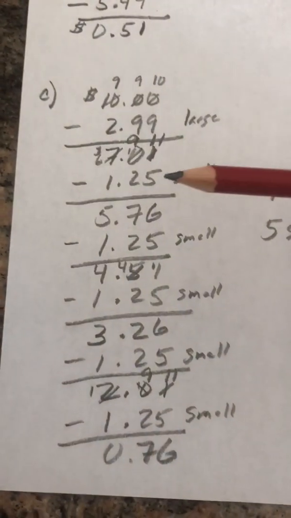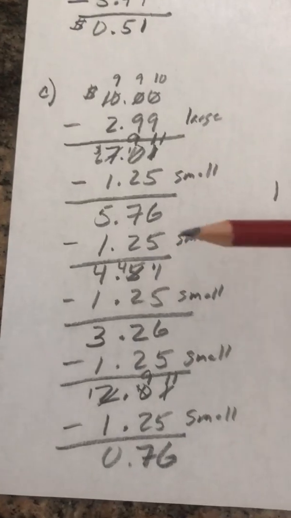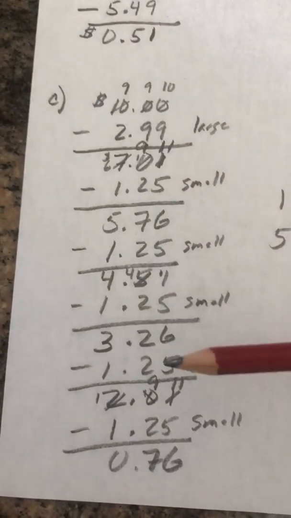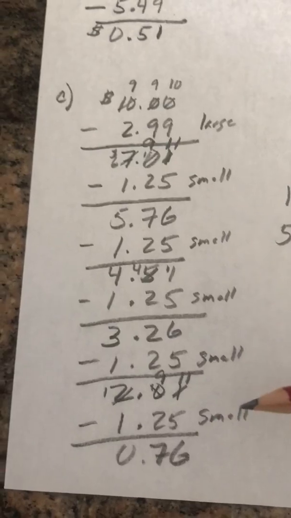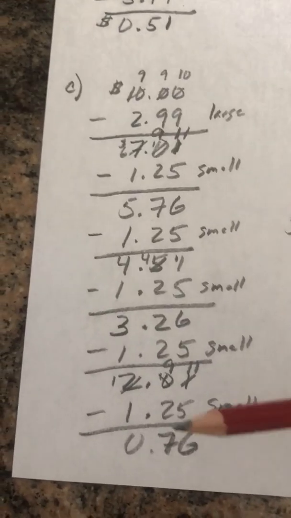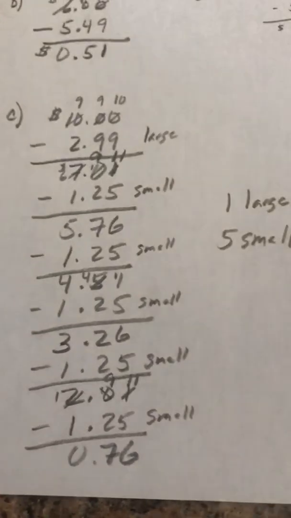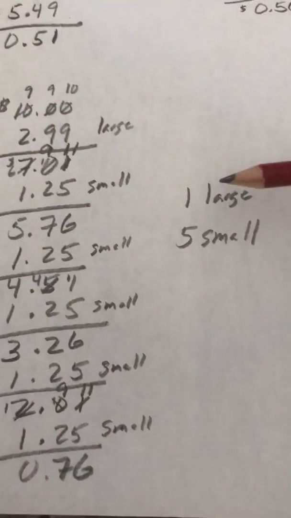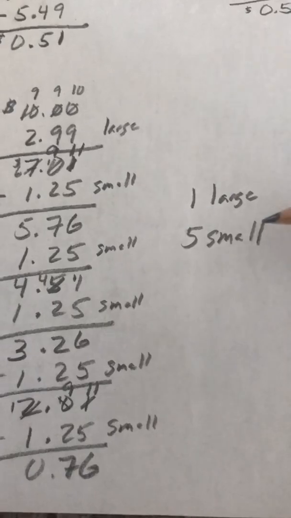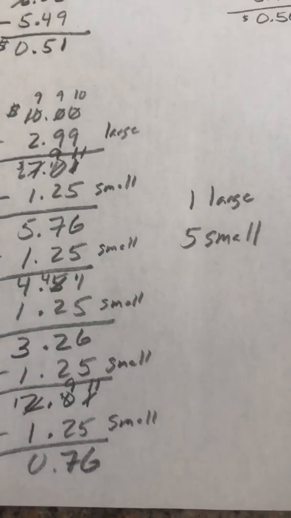So I can have 1 small balloon, 2, 3, 4, 5 small balloons. And we end up with 76 cents left, therefore I cannot buy another balloon. So the total would be I can do 1 large balloon and 5 small for a total of 6 balloons.